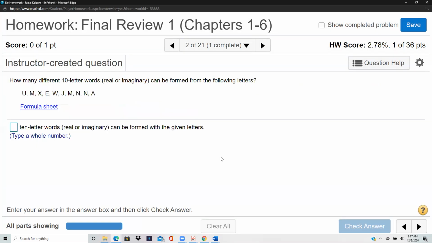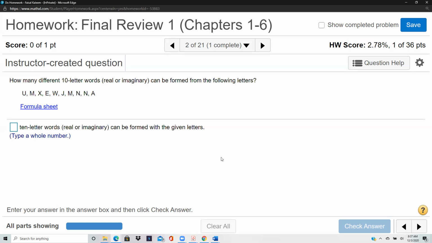How many different 10-letter words can be formed from the following? Okay, so do you remember the procedure? I remember this problem for sure. Did it give you problems? I'm pretty sure it did.